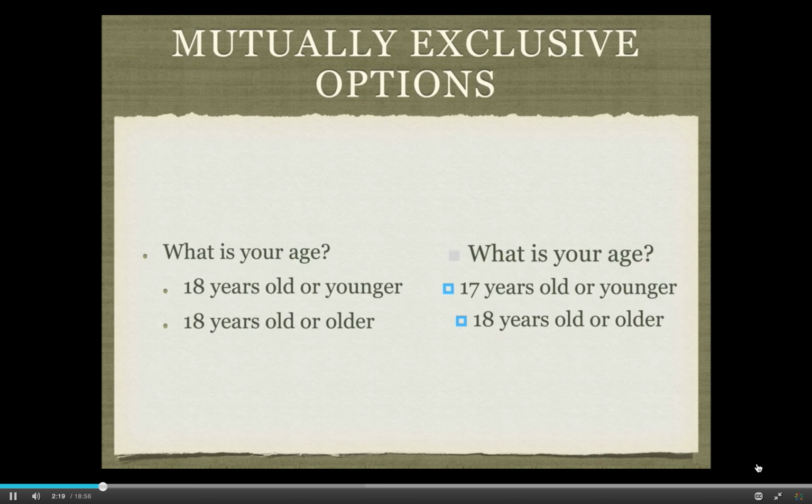If the participant is 19, then they'll choose option B, or the second option. If the participant, however, is 18 years old, they might choose either of the two, and so they are not mutually exclusive. So a better option would be on our right-hand side, what is your age? 17 years old or younger, or 18 years old or older?